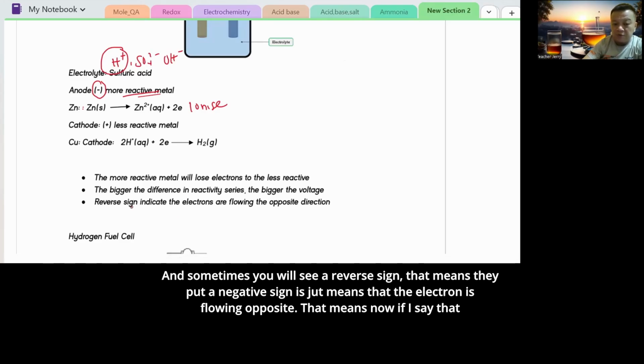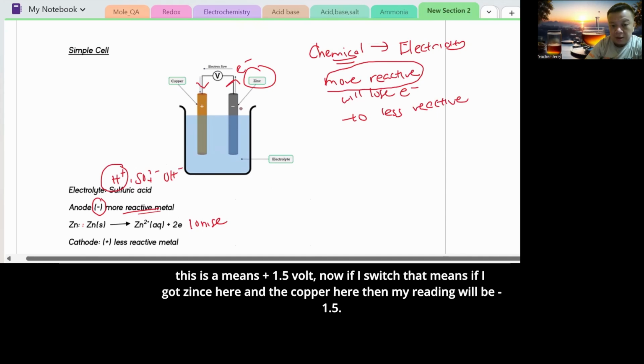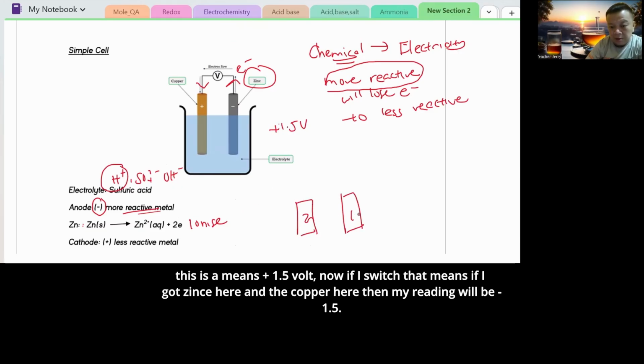And sometimes you will see a reverse sign, meaning they put a negative sign. It just means that the electron is flowing in the opposite direction. If I say this is maybe minus, this is maybe plus 1.5 volts, now if I switch, with zinc here and copper there, then my reading will be minus 1.5 volts.